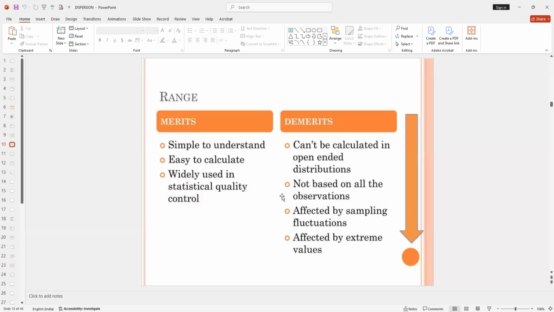We require a closed distribution because we have to find the largest and smallest values for finding the range. It is not based on all the observations, is affected by sampling fluctuation, and is affected by extreme values.